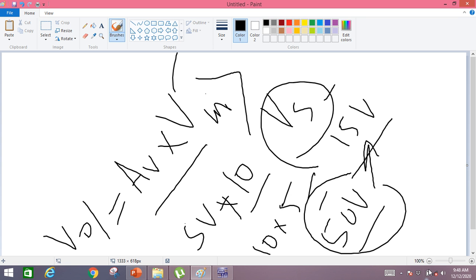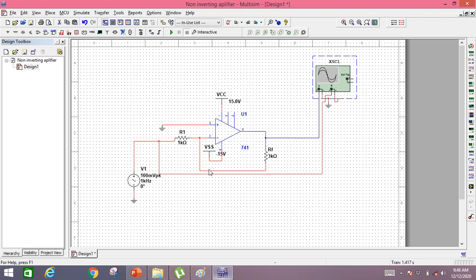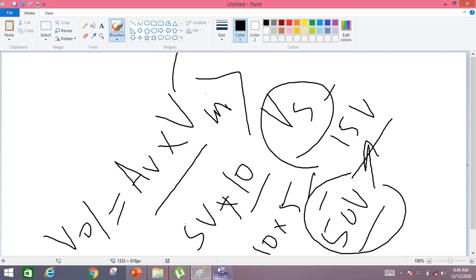In this example the input voltage is actually 100 millivolts peak or 200 millivolts peak to peak. Now if the input voltage is 10 volts peak to peak and the value of RF is 3 kilo ohm, our gain will be minus 3.